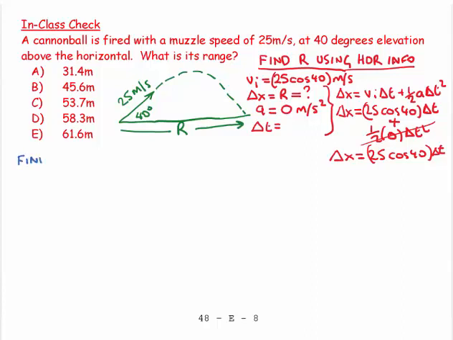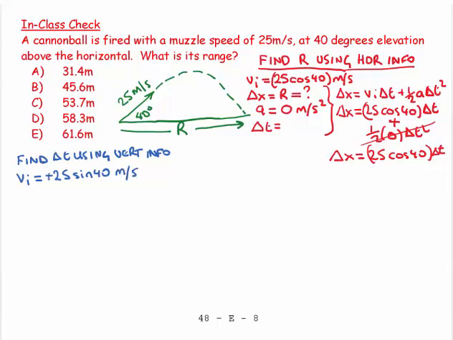Find delta t using vertical info. What do I know vertically? Well, I know that vi is equal to 25 sine 40 positive meters per second.